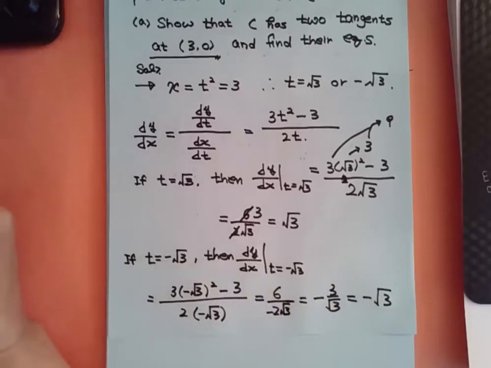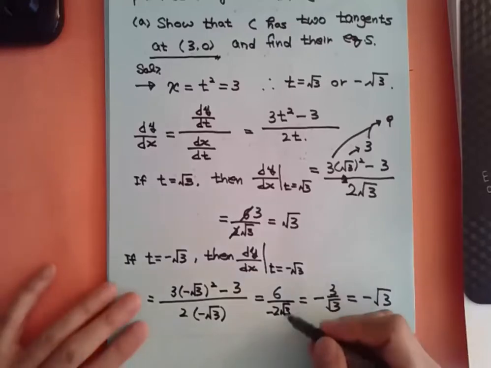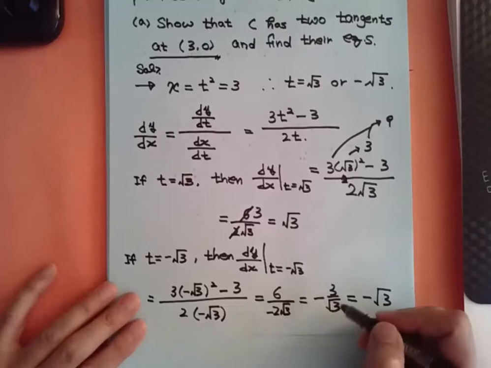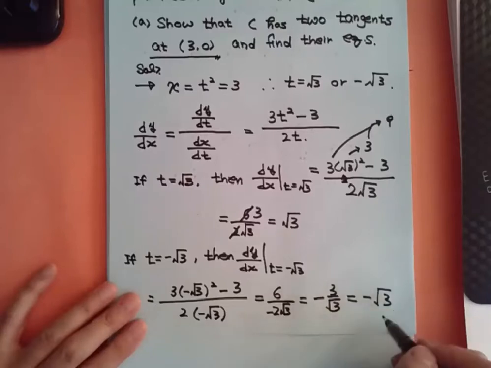Any questions for clarification? Yes, Professor, after you've reduced the 6 over 2 root 3 to 3 over root 3, when you rationalize that, isn't that supposed to be 3 root 3 instead?